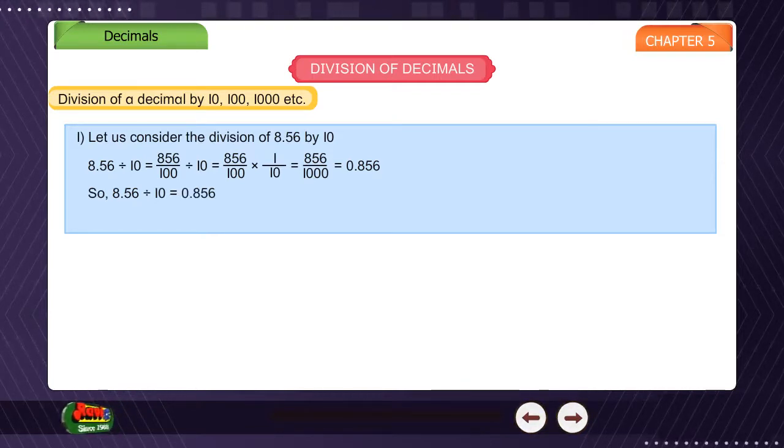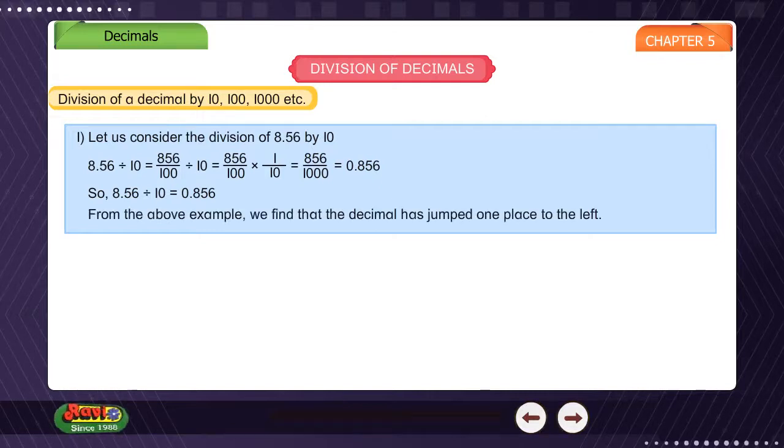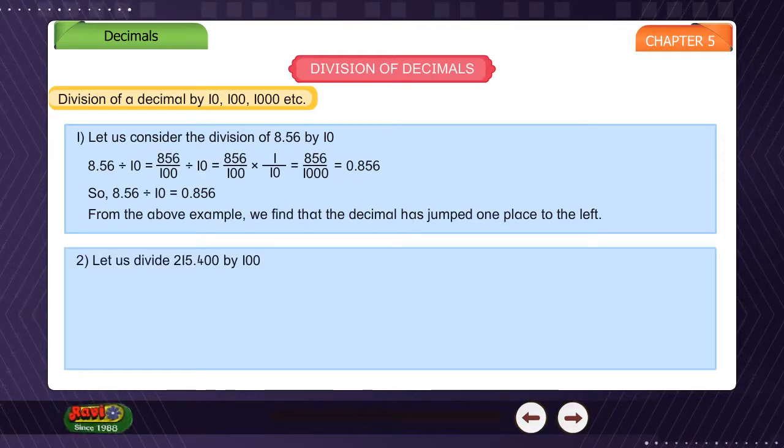So, 8.56 divided by 10 is equal to 0.856. From the above example, we find that the decimal has jumped one place to the left.